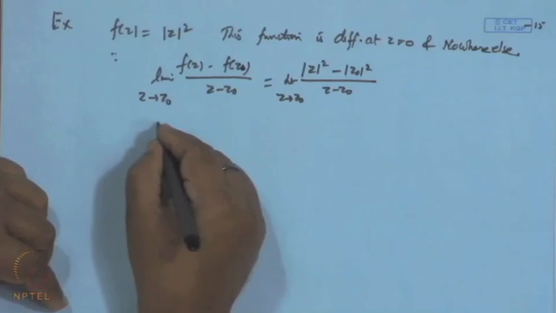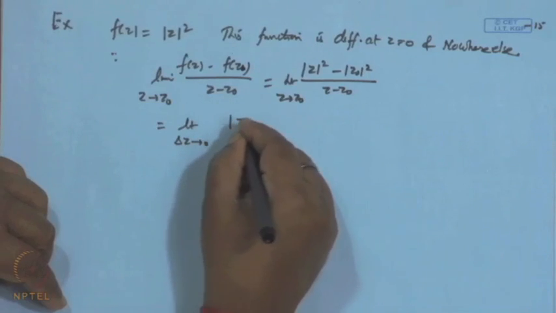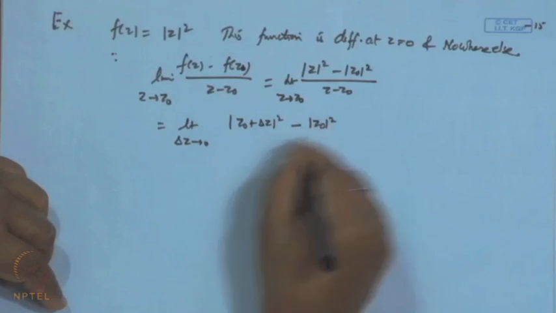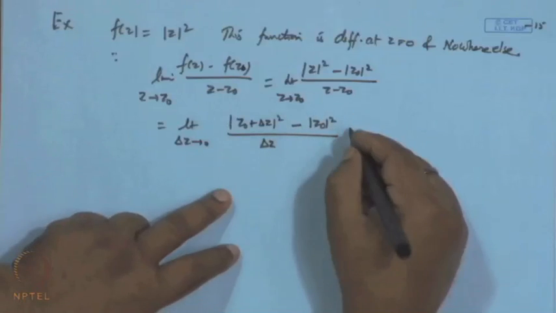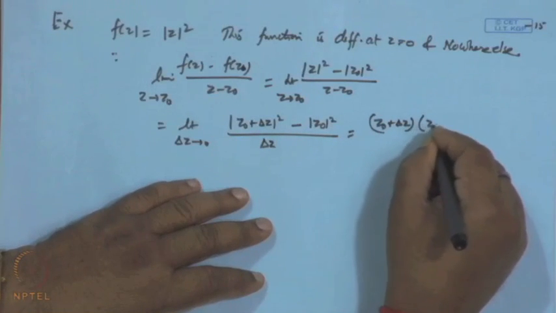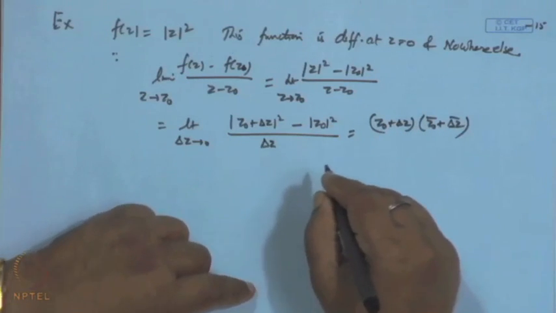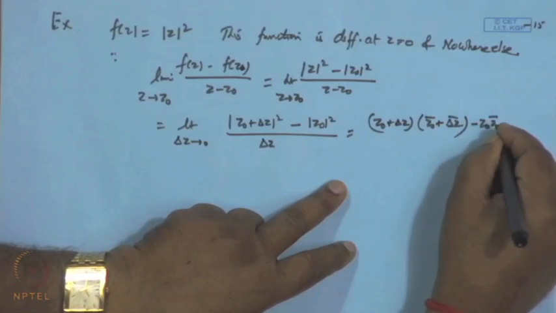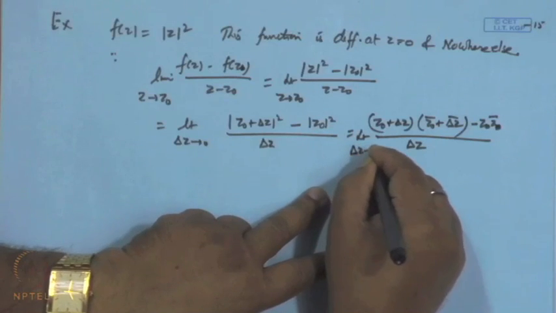If I compute this, it is [mod z square minus mod z naught square] over [z minus z naught], which is the same as the limit delta z tends to 0 of [mod of (z naught plus delta z) whole square minus mod z naught square] divided by delta z. This will be equal to (z naught plus delta z) into the conjugate of this, that is, z z bar minus z naught z naught bar, divided by delta z, limit delta z tends to 0.